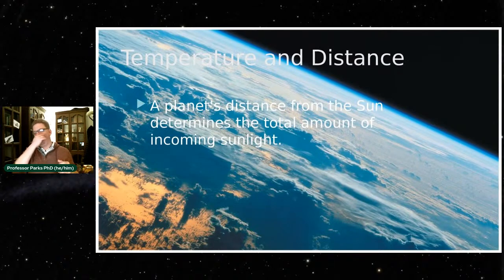One of the determinants of that equilibrium temperature, of that surface temperature, is obviously distance. The energy carried by light drops off as the inverse square, a very common form of how things dissipate over space.